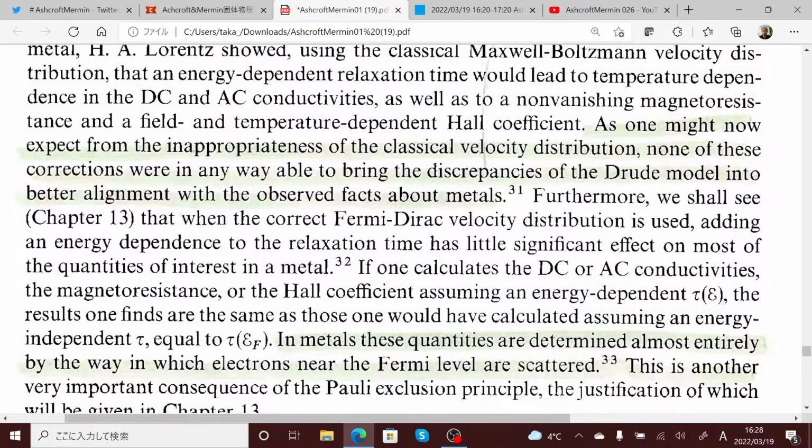None of these corrections will in any way be able to bring the discrepancies of the Drude model into better alignment with the observed facts about metals.